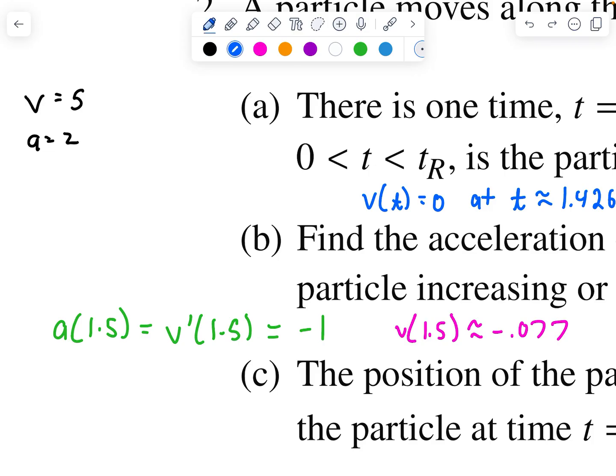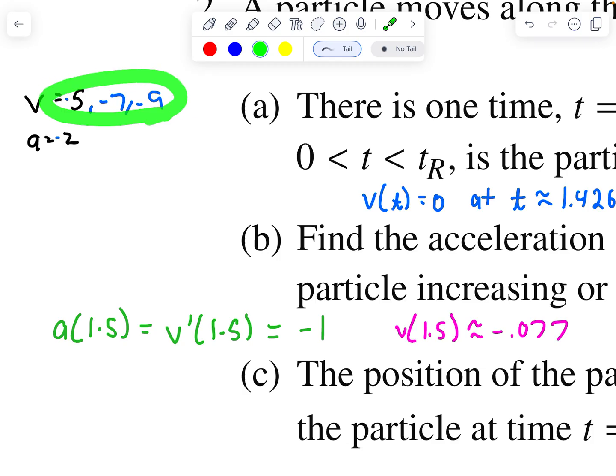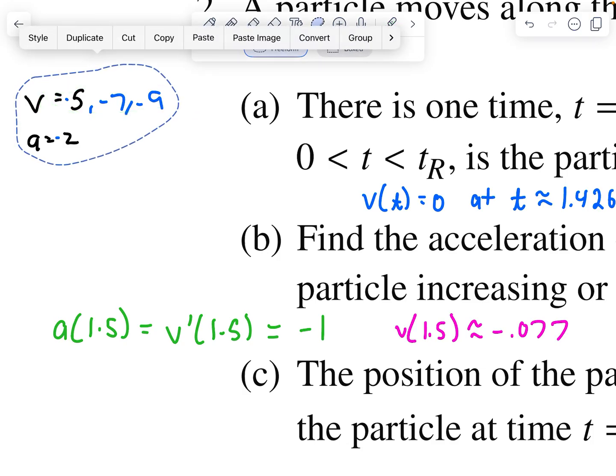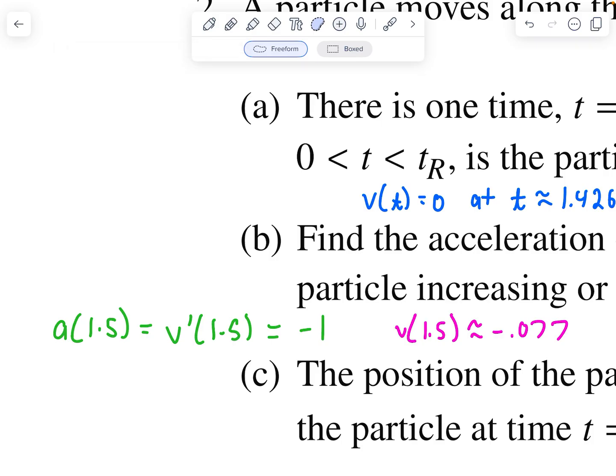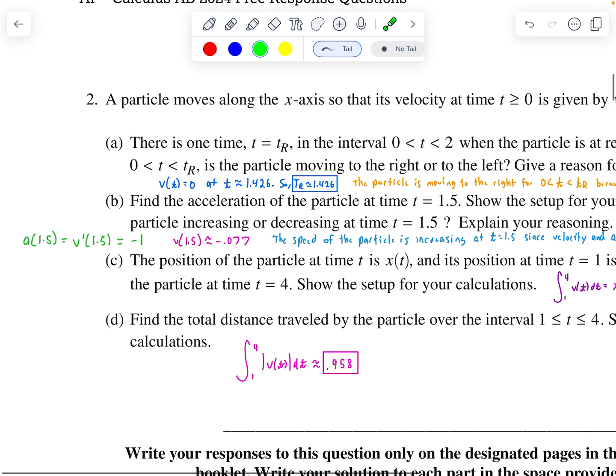But if we make them both negative instead, now your velocity changes from -5 to -7 to -9, but that means your speed changed from 5 to 7 to 9. So you still get an increase in speed, even though your velocity is actually decreasing. A weird distinction, but in a nutshell, just know that if your acceleration and velocity have the same sign, then the speed of your particle is increasing.